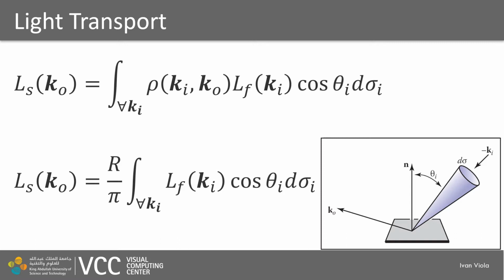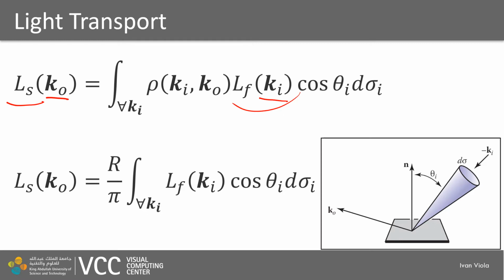So let's recall one of the formulas which we had in the live lecture, where we can see that the surface radiance, Ls, can be calculated as an integral over the entire hemisphere, where we are measuring the incoming field radiance. The field radiance is coming under a certain angle or from a certain vector incoming k, and we are measuring the surface radiance towards the outgoing direction, ko.